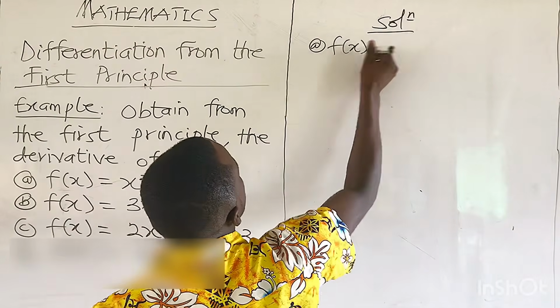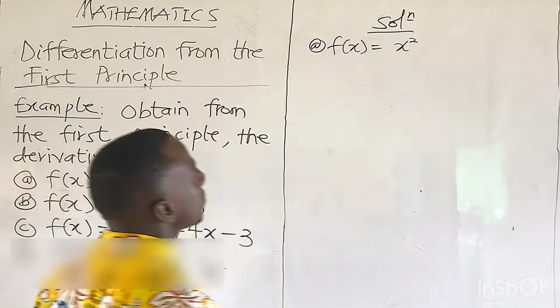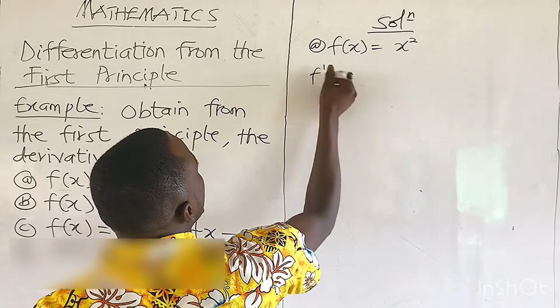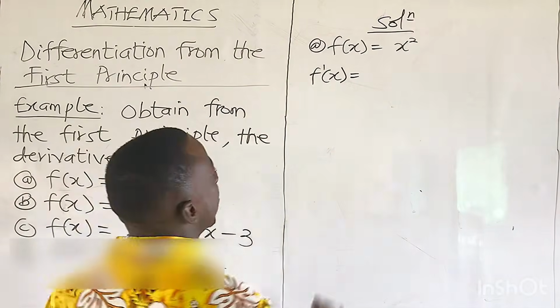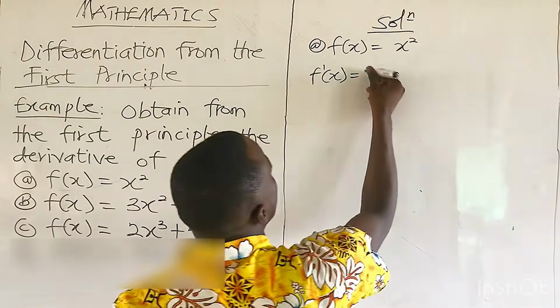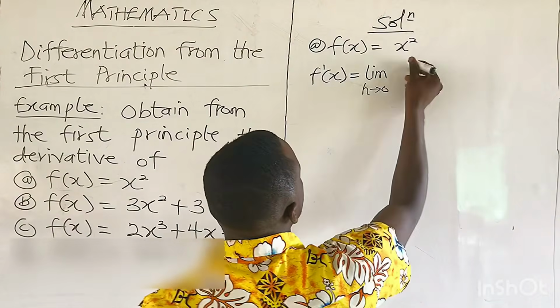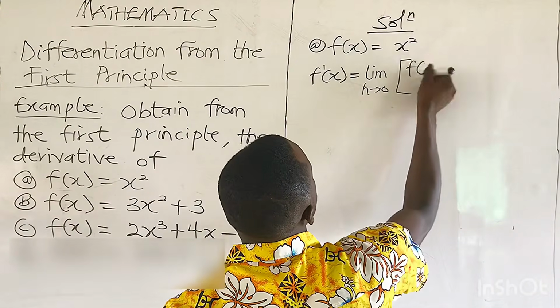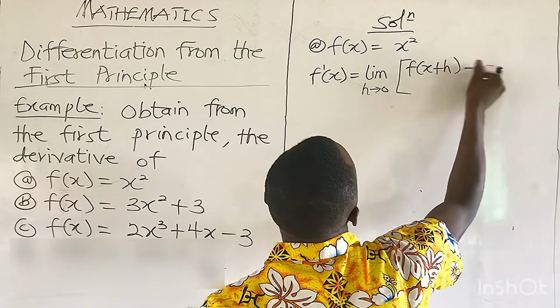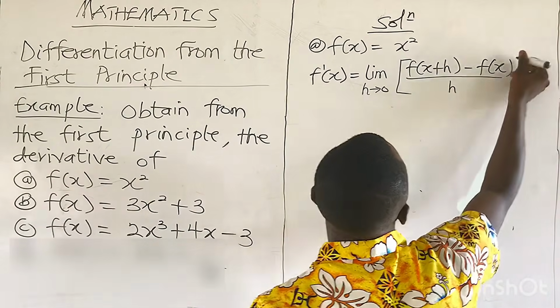f of x is equal to x squared. So if you are to find f prime of x, then from the first principle, the limit as h approaches 0, in a big bracket, we have f of x plus h minus f of x all over h.